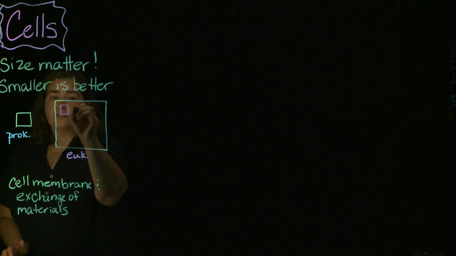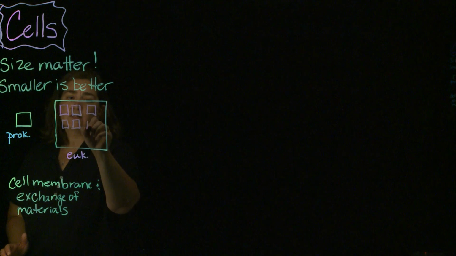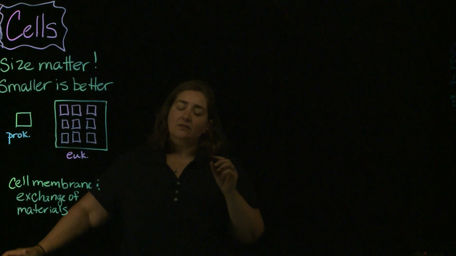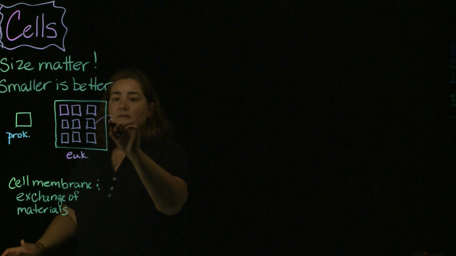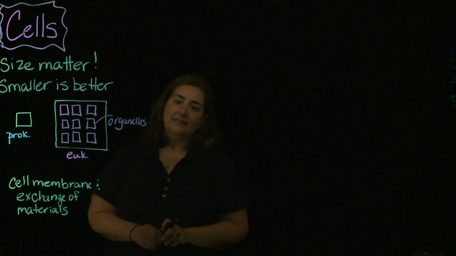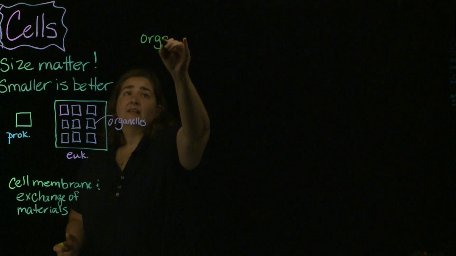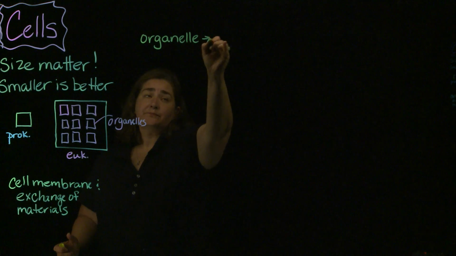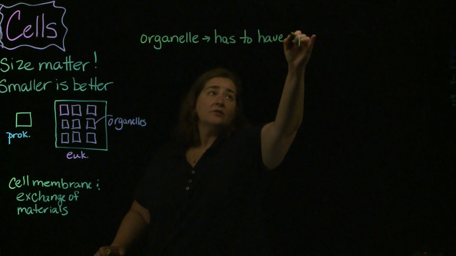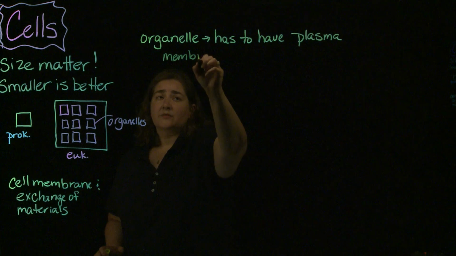So with our eukaryotic cell, and again, I'm going to draw them as boxes, I know organelles are not box-shaped, this is just to illustrate the point that eukaryotic cells can function because of the organelles contained within the cell. What classifies an organelle as an organelle is that it has to have a plasma membrane and be surrounded by a plasma membrane.